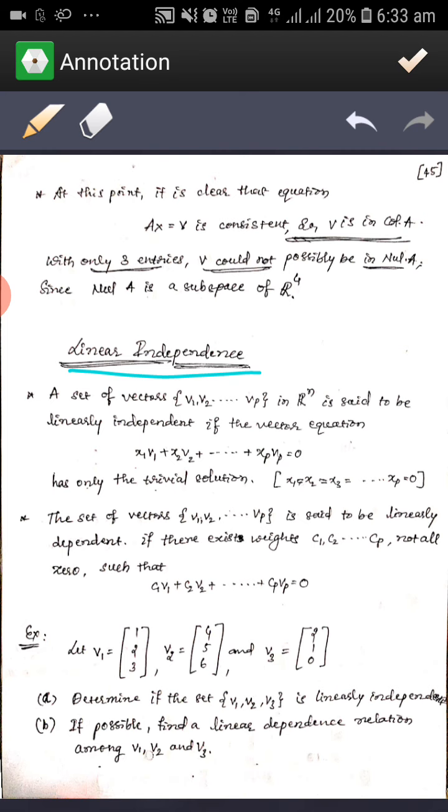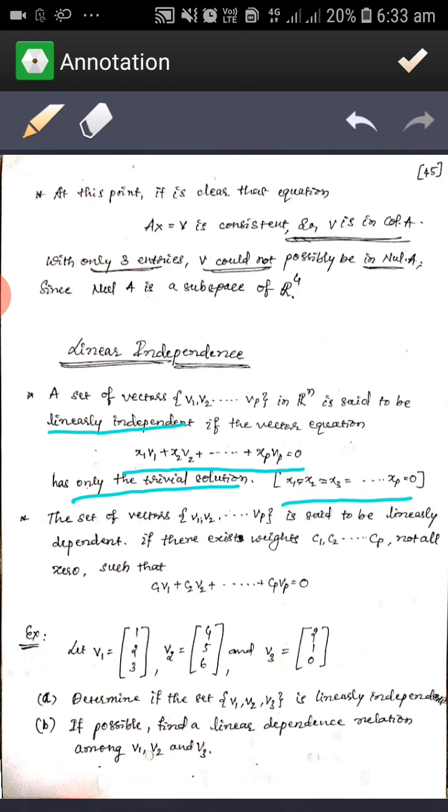Linear independence is basically about the trivial solution and the non-trivial solution. If there is a set of vectors v1 to vp in Rn, the real field, it is said to be linearly independent if the vector equation x1 v1 plus x2 v2 plus up to xp vp is equal to 0 has only the trivial solution.